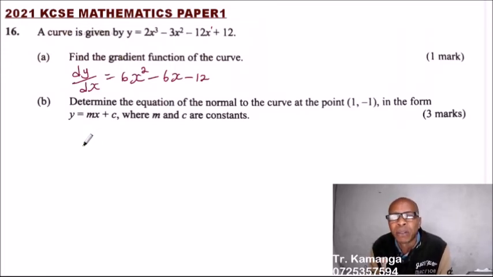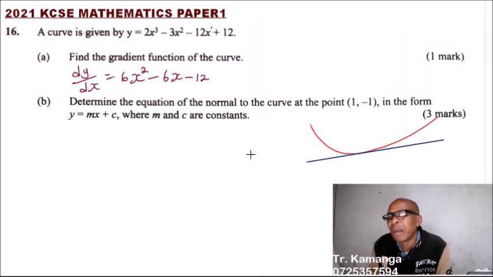So first of all, you need to understand what the normal is. If we take a curve like this one, a line that touches a point of the curve, this is called the gradient.